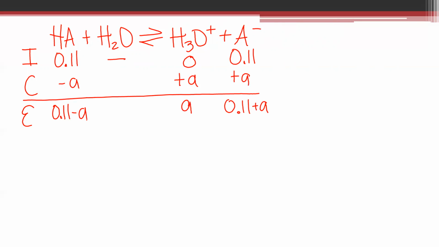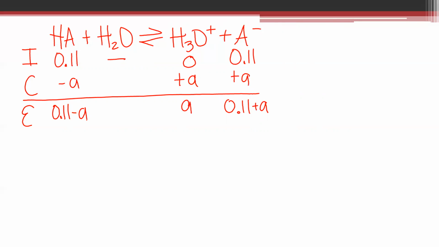So now we can plug into an equilibrium expression and solve for A. And remember, we make assumptions here. For acids and bases, the change will be so tiny that we do not have to add or subtract anything.